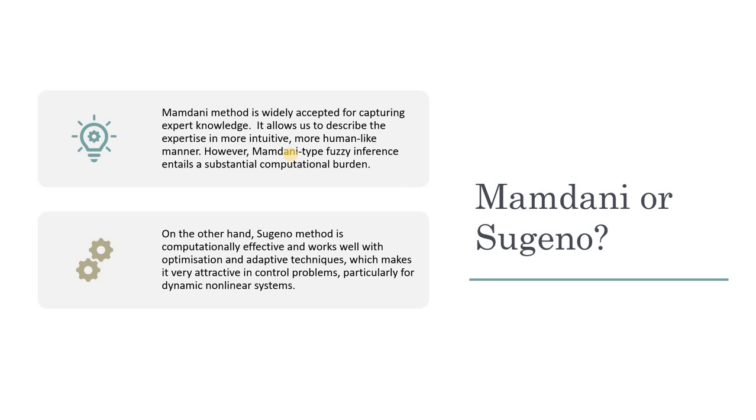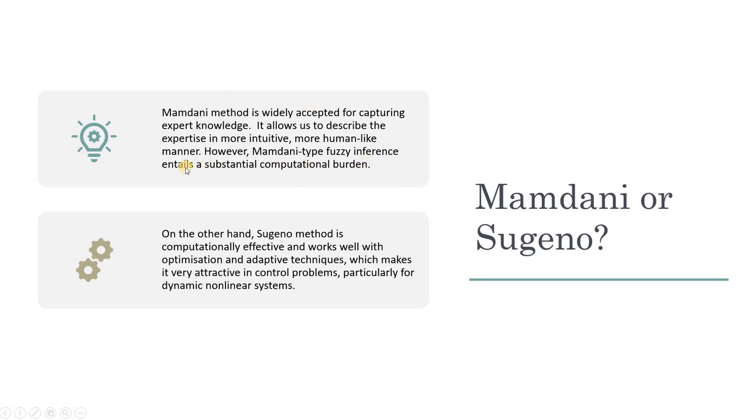The Mamdani method is widely accepted for capturing expert knowledge. It allows us to describe the expertise in a more intuitive or more human-like manner. So that is why we are going to draw the fuzzy graph.